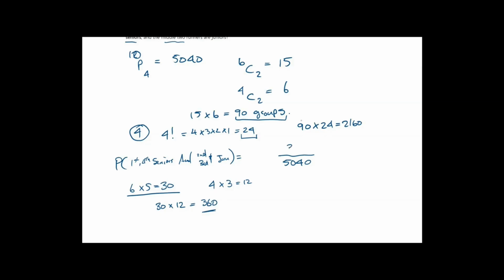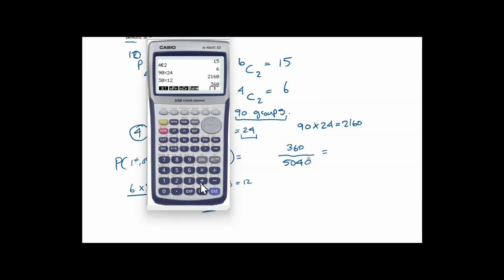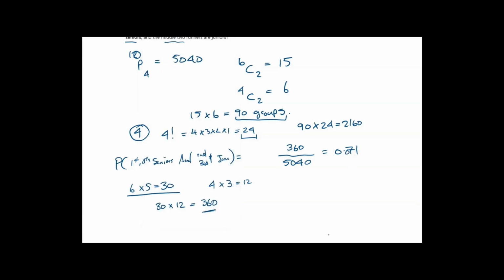So the probability is 360 over 5,040. And if we wanted that as a decimal fraction, it's going to be 0.071, to 3 decimal places.